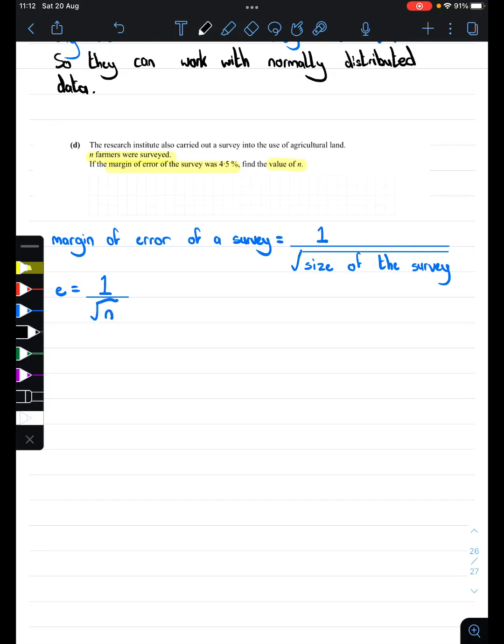So in our case, the error is 4.5%, or as a number, 0.045.